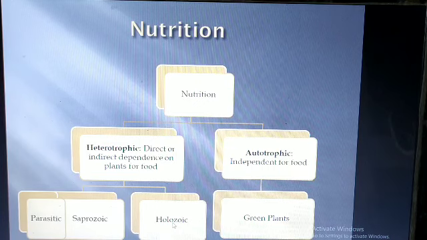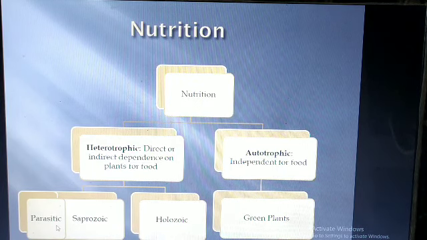The living things which take liquid food from living things, whether from inside or from outside the living thing, are called parasites, and the nutrition is called the parasitic mode of nutrition.